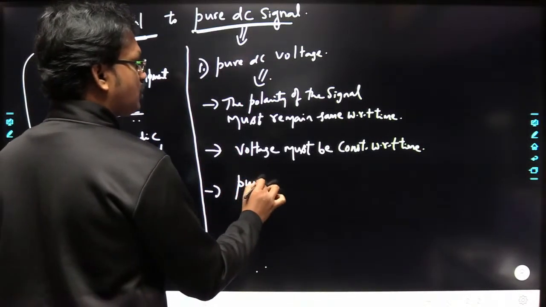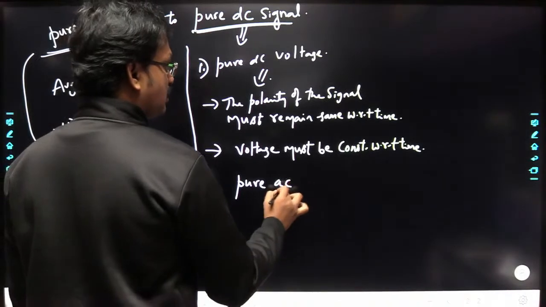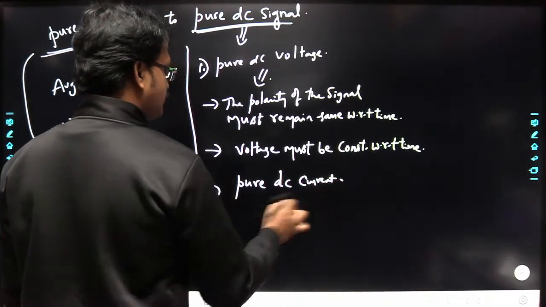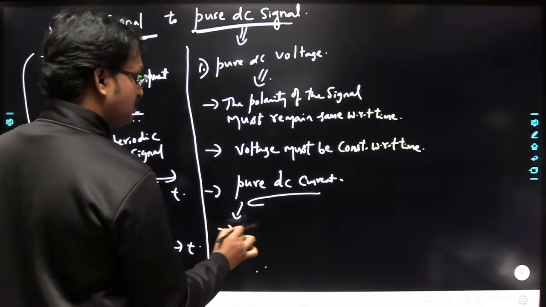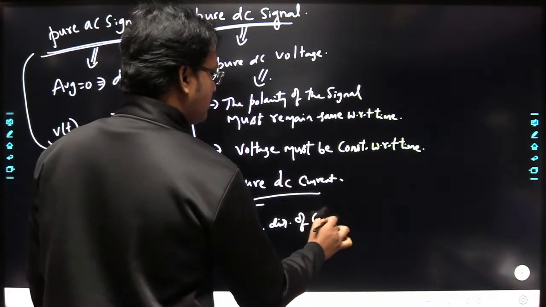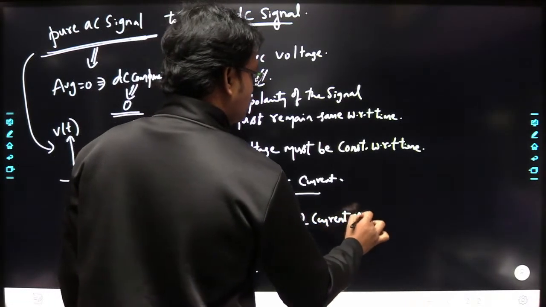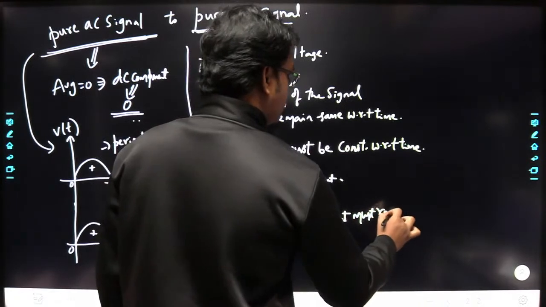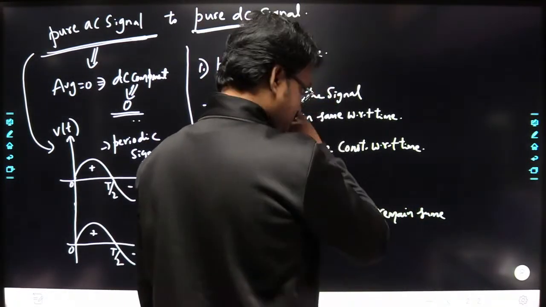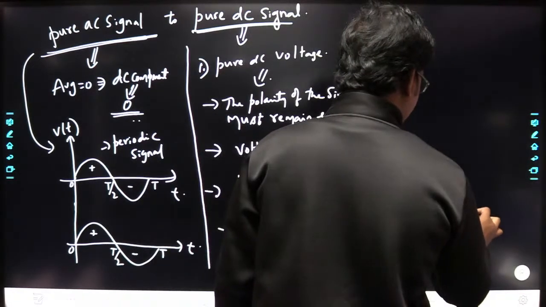If I am talking about pure DC current, then it has to satisfy that the direction of current must remain the same with respect to time.